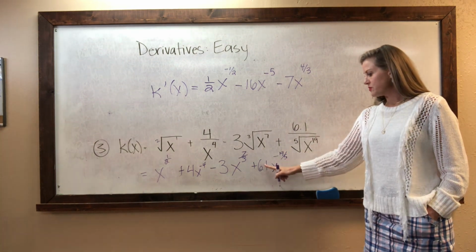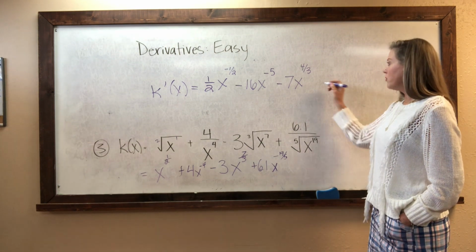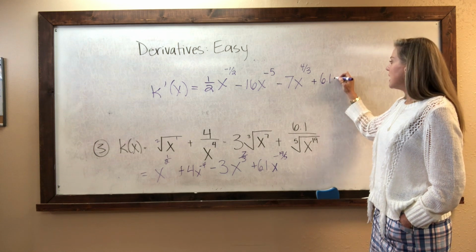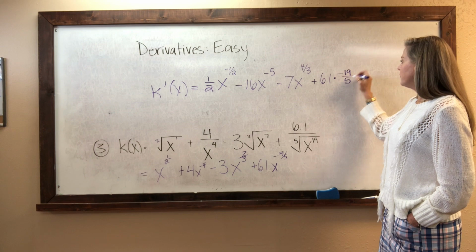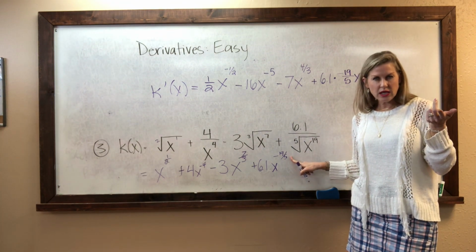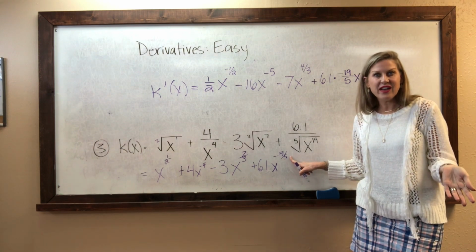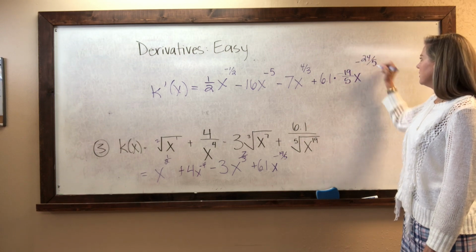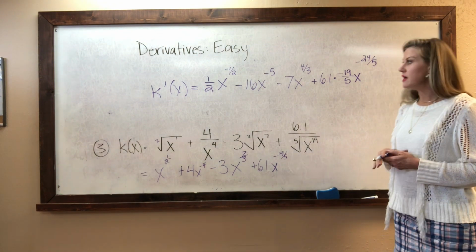Well, I don't know what 6.1 times negative 19/5 is off the top of my head. So I will just write it as 6.1 times negative 19/5 x, negative 19/5 minus 1, negative 19/5 minus 5/5 is negative 24/5. And I've run out of terms, so I'm done.